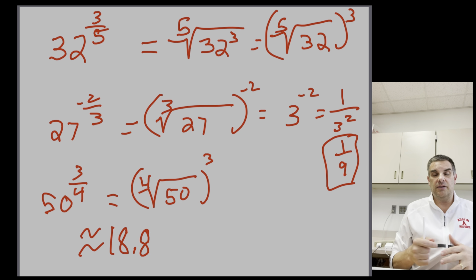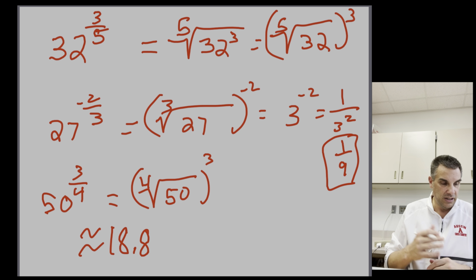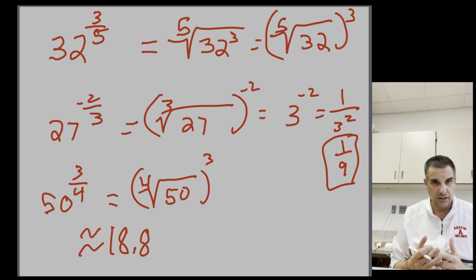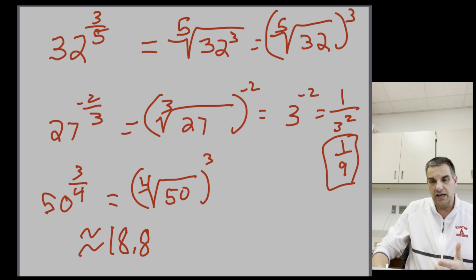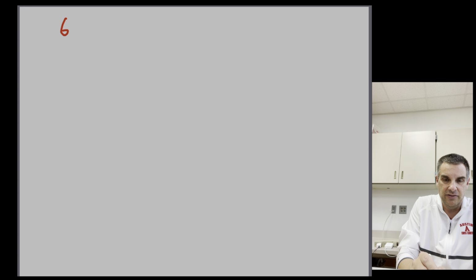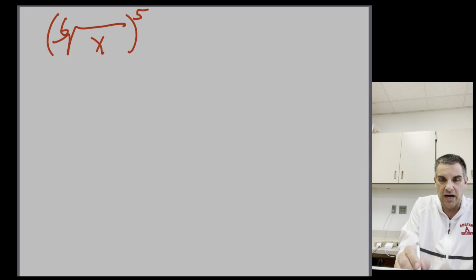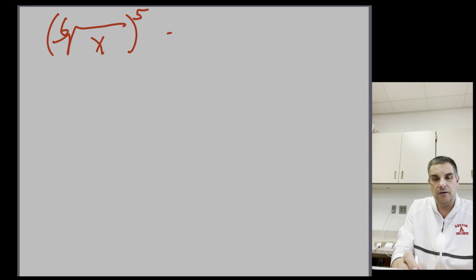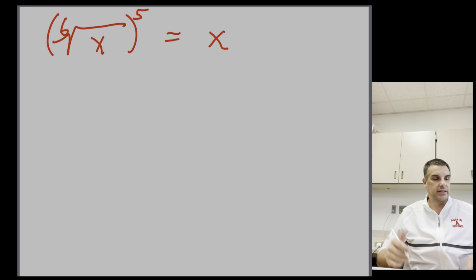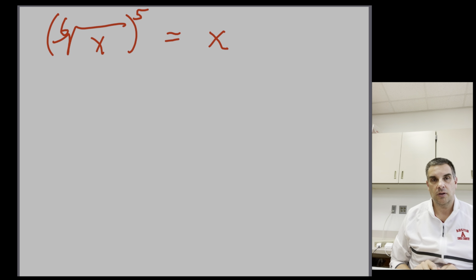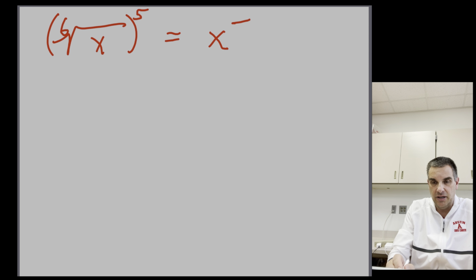But the key thing here is we need to be able to take these and rewrite them. But not only do we have to be able to go that direction, we really need to be able to go the other direction as well. So let's say that we have the 6th root of x to the 5th power. And now I want to write this as x to the what power? Well, the 6 goes in the denominator.